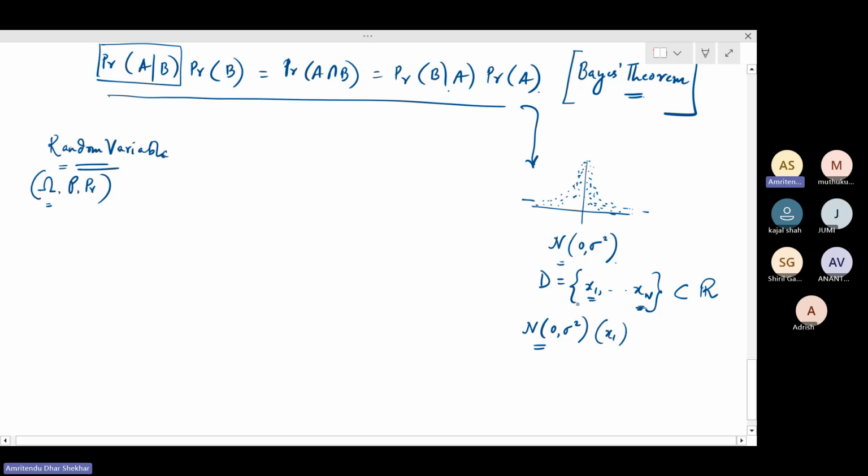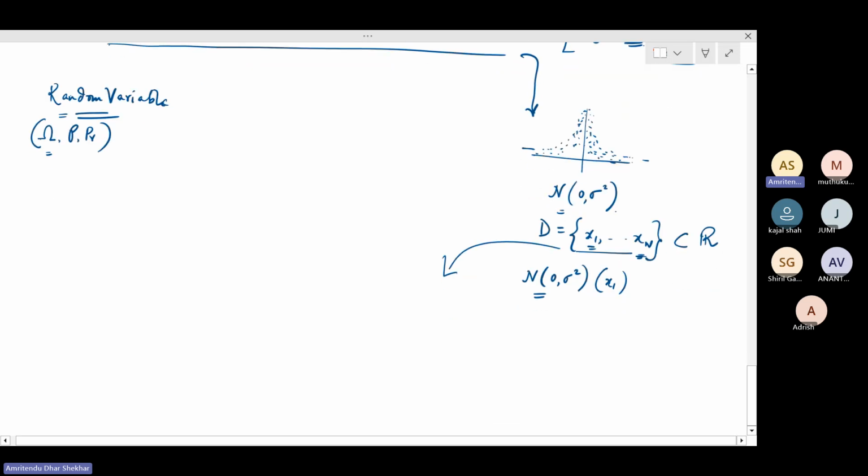And likewise, you can compute a quantity like this, which is the probability of D subject to N(0, sigma squared). And basically, if you assume that the sample given to you is independently and identically distributed, you can say that this is equal to the product of the probabilities of each of these. Actually, not probability. Probability is not the right term.